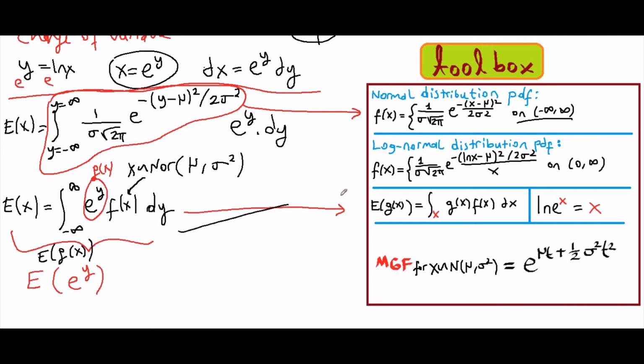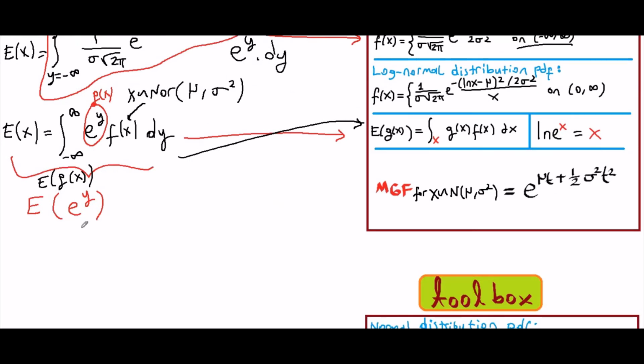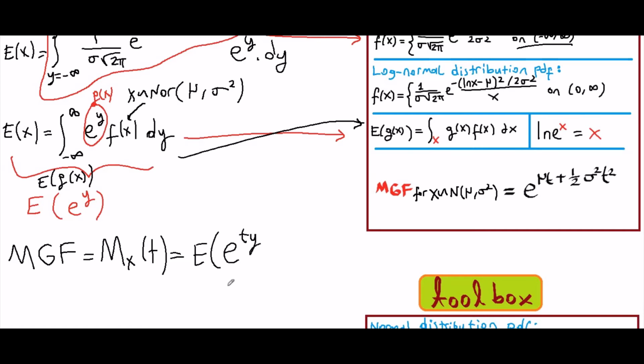Now expectation of e to the y looks almost like the moment generating function. Let's recall, the moment generating function, M_X of t, is equal to the expectation of e to the t y. So we are missing only t here.